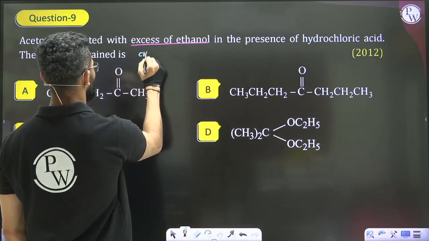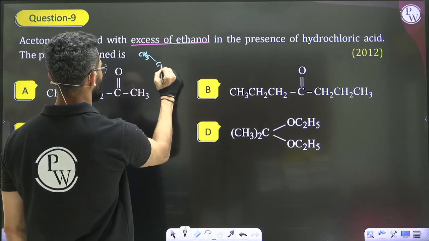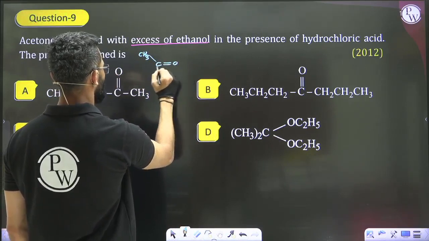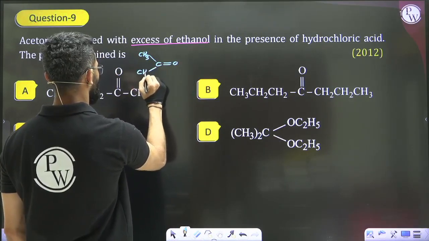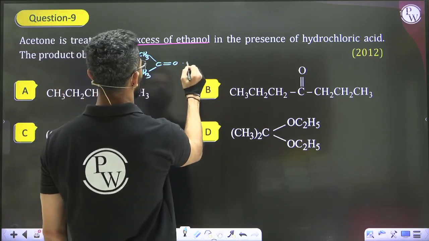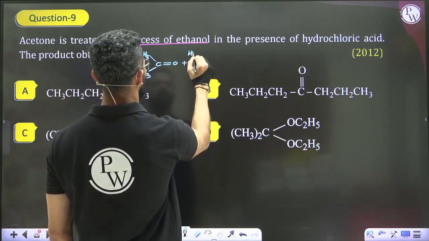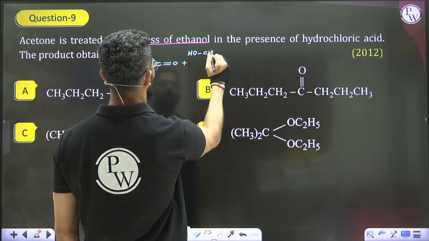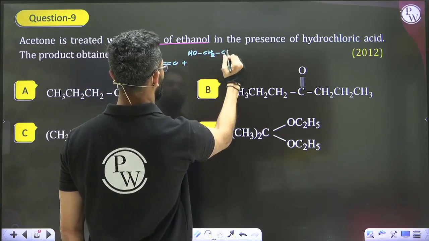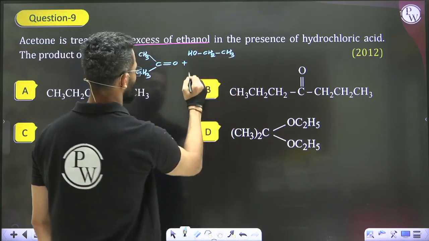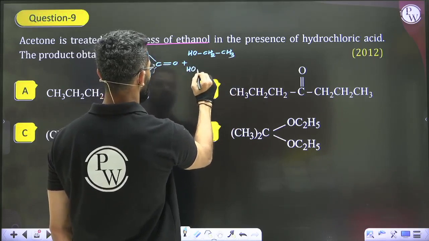Let's say we have acetone, and we are treating it with two molecules of ethanol, first and second.